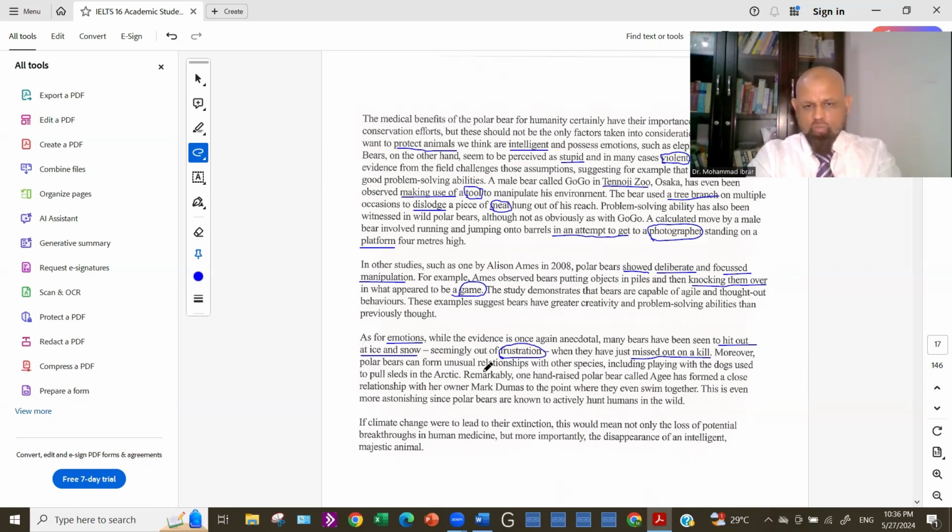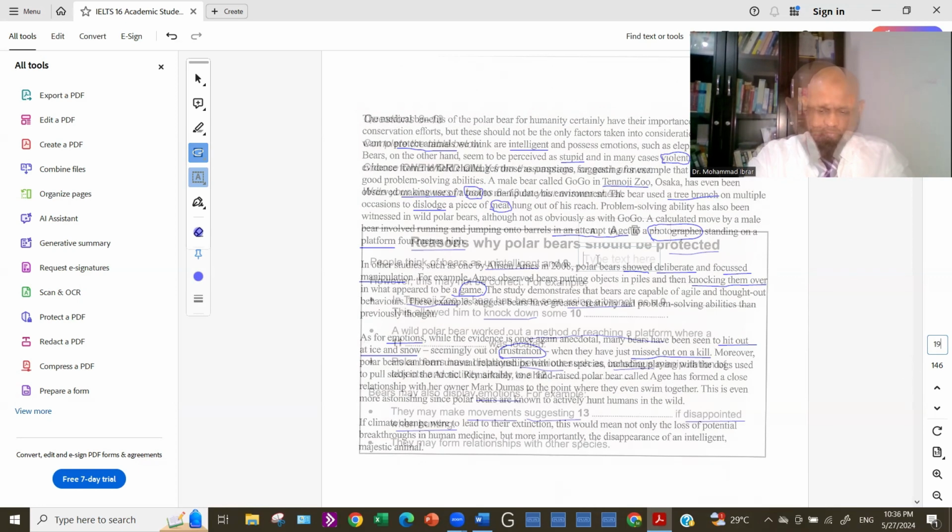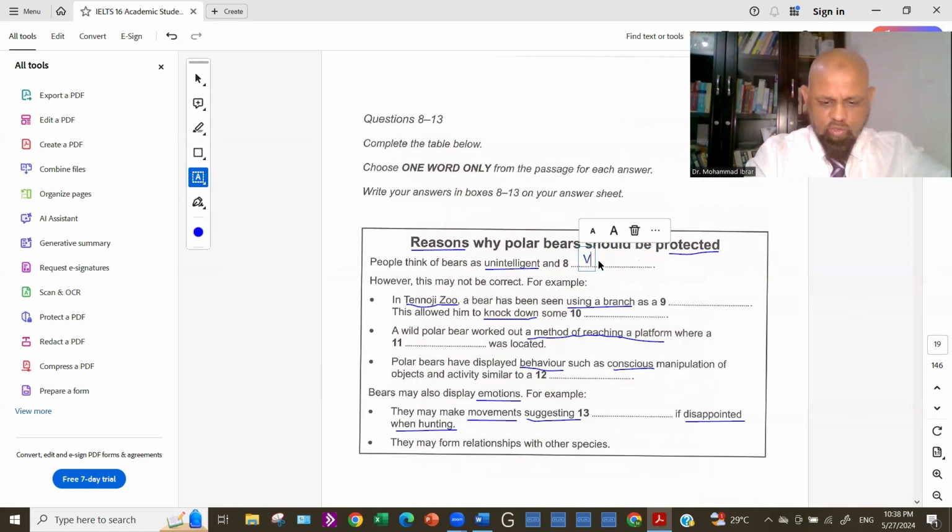So polar bear can form unusual relationship. So 1, 2, 3, 4, 5, 6. Okay. So violent, tool, and then meat. Now, let's write these words there. So the first word was violent. A bear has been seen using a branch. Okay. So the next word was tool.